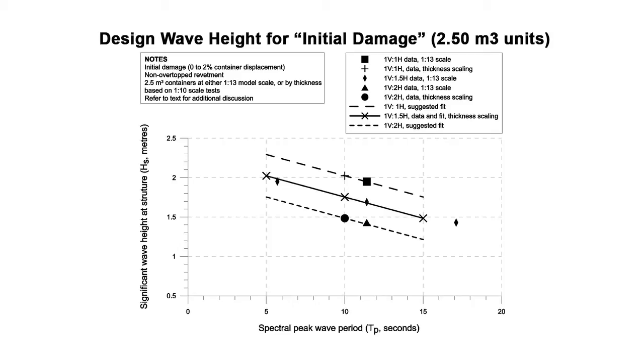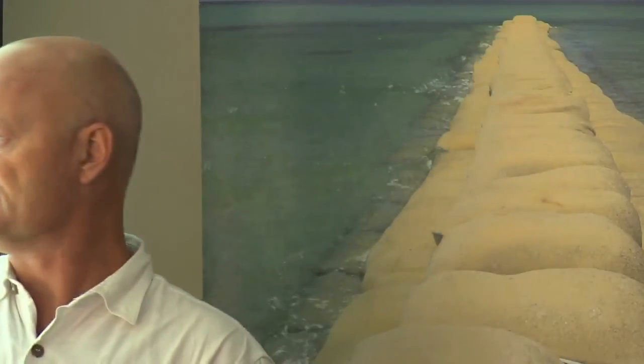If we shift to a steeper slope, a 45-degree 1 in 1 slope, that rises up to 1.5 metres. If we drop it to a 1 in 2 slope, so go a bit flatter, it reduces to around about 1.1 metres. So in summary, the design wave height decreases for longer wave periods. As you get longer wave period, a smaller wave will dislodge the units.